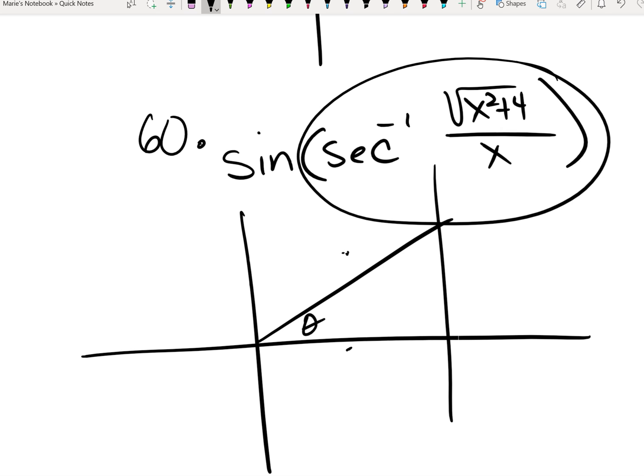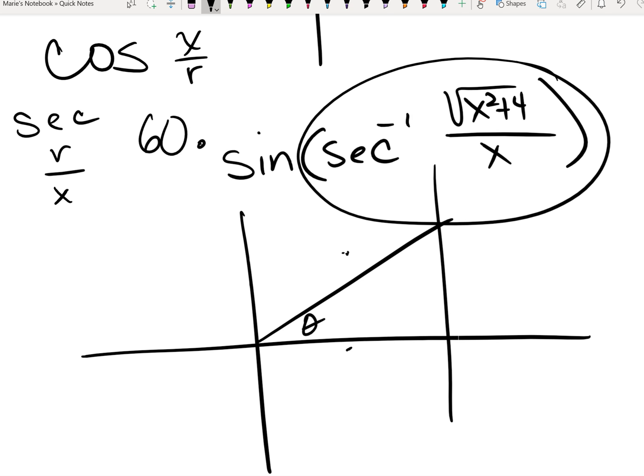Remember cosine by default is x over r, so secant is r over x. So that means that in this case, this is the square root of x squared plus 4. This side over here has to be the x, and to be true, this would have to be 2.